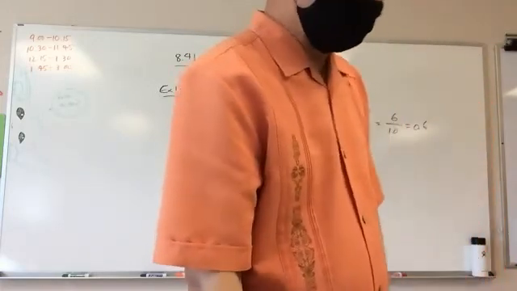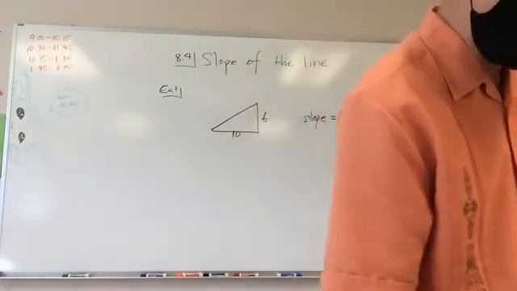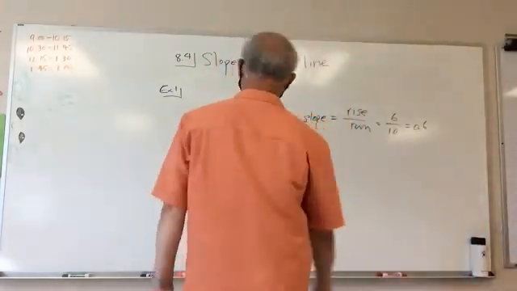Example number 2, find the slope of the line shown. So the line has points 1, 2, and 4, 5.